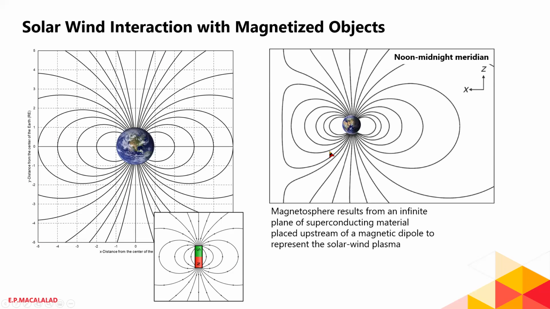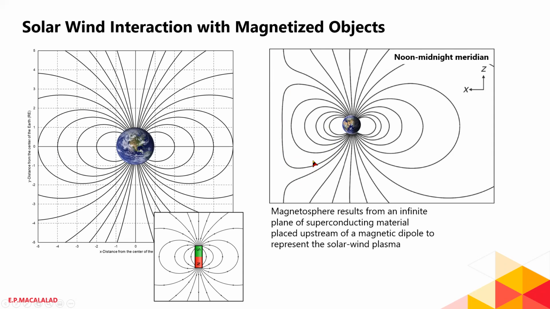So it would look something like this. If there is an external magnetic field influence at the right side, that means there is a disruption, or the shape of the usual magnetic dipole will change.